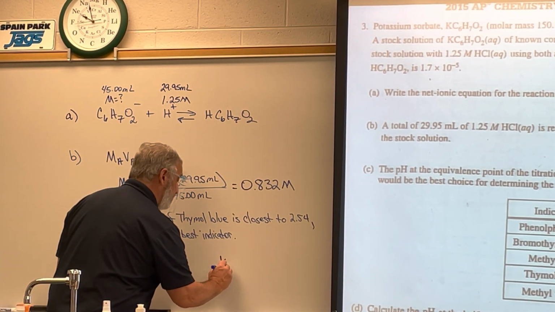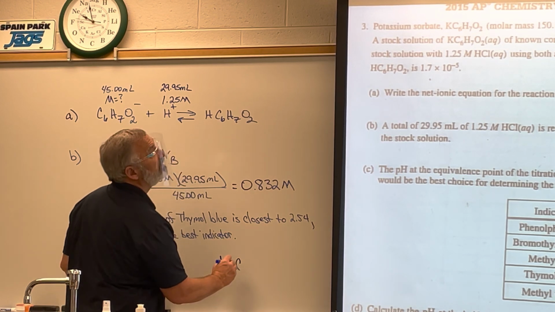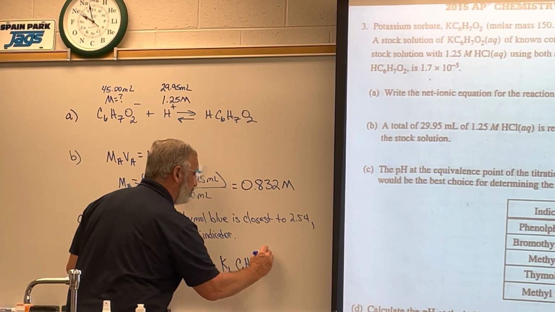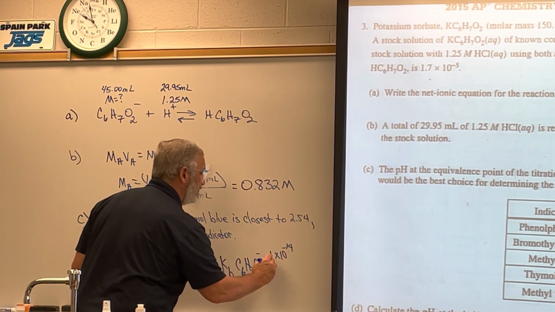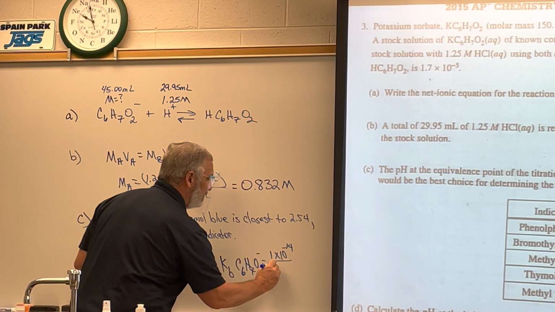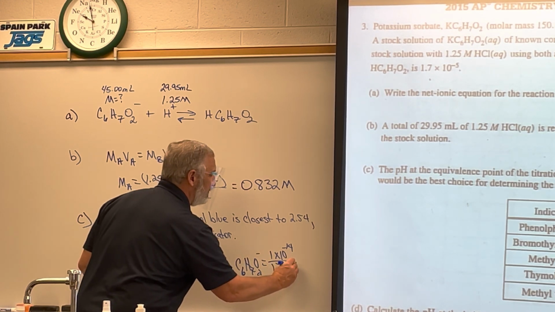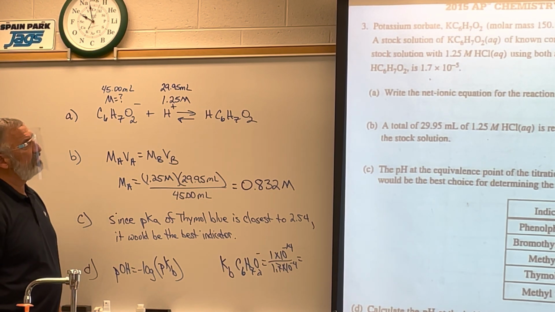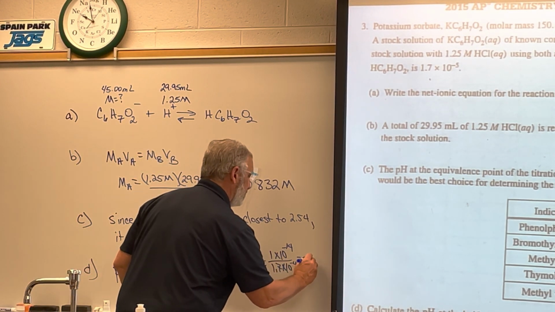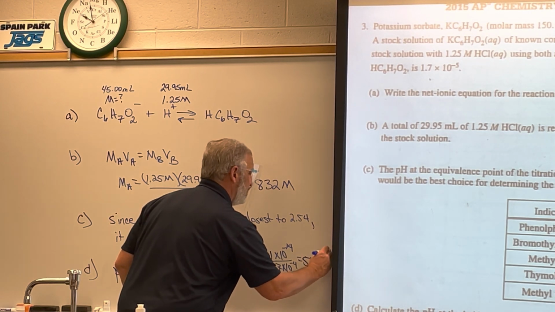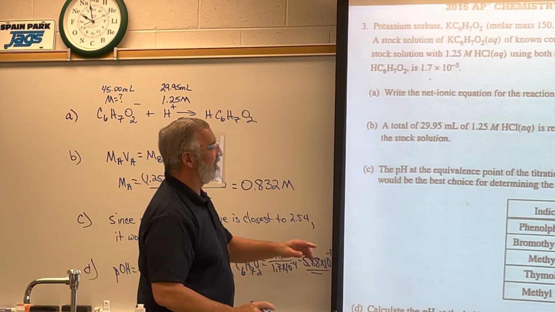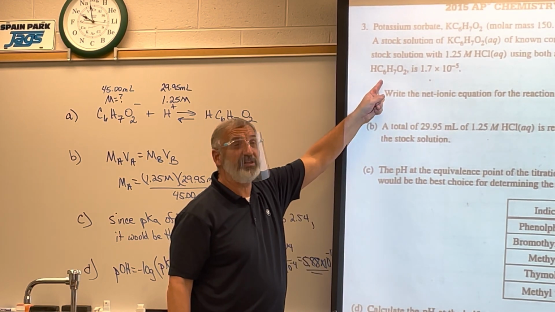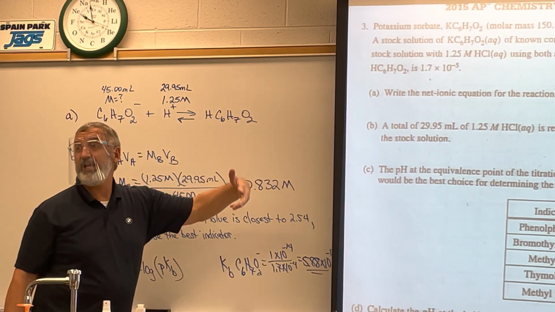So the Kb of C6H7O2 minus is equal to 1 times 10 to the minus 14 divided by 1.7 times 10 to the minus 4th. 5.88 times 10 to the minus 11. Okay, so they kind of threw in here at the half equivalence point, but they gave you the Ka, so they want you to be able to know how to find the Kb.